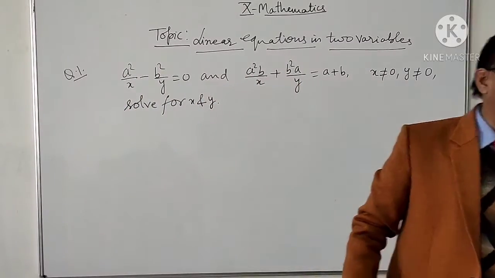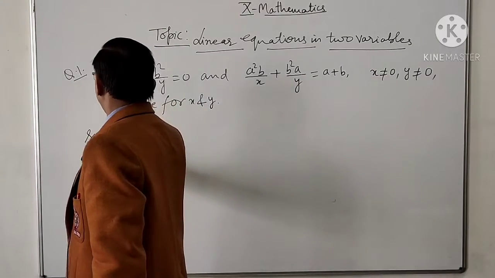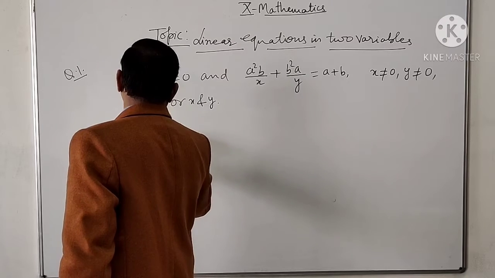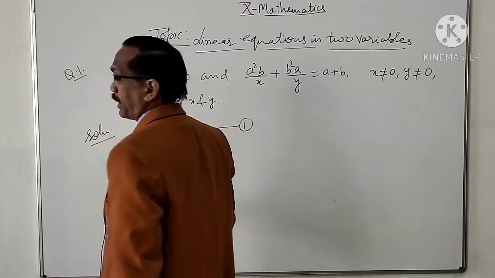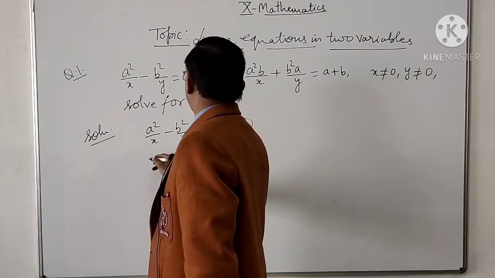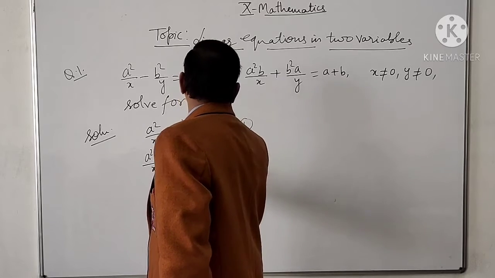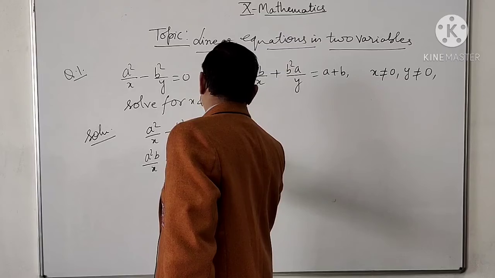So to solve the value of x and y, we will write the equation a square upon x minus b square upon y equal to 0. Let it be equation 1. Second is a square b upon x plus b square a upon y equal to a plus b.